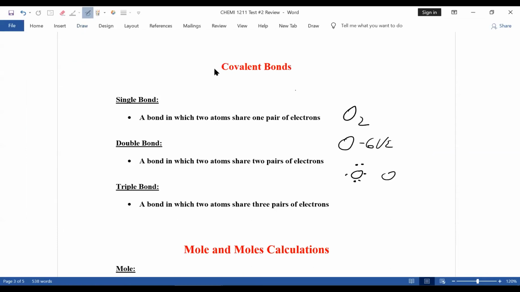And if I have 2 of them, notice each one has 2 unpaired electrons. And this oxygen says to this oxygen, I have 2 unpaired electrons, you have 2 unpaired electrons, let's share. And they do.